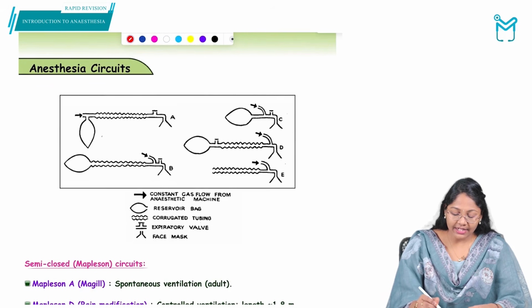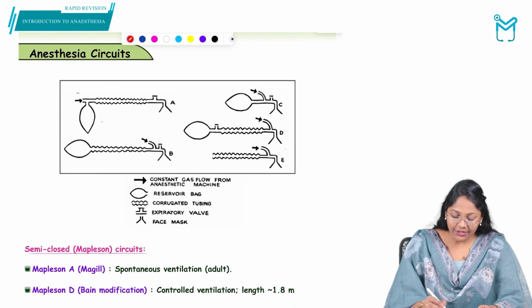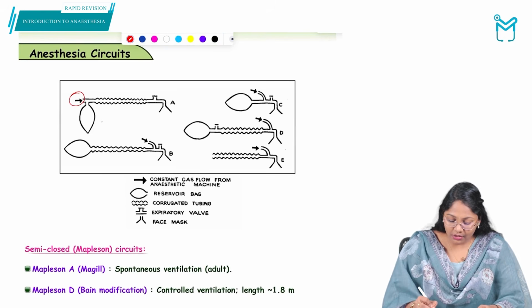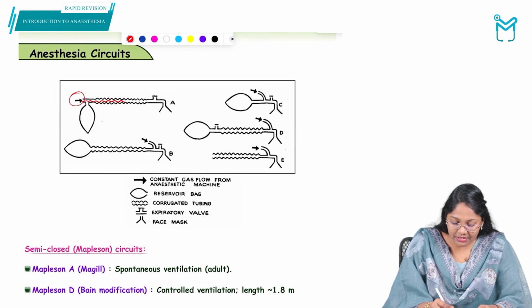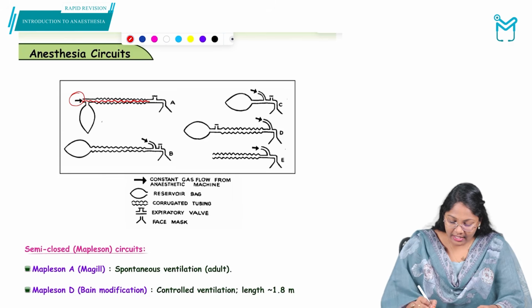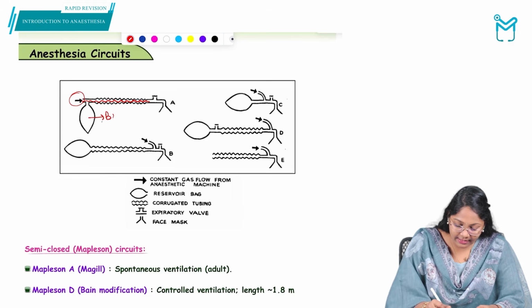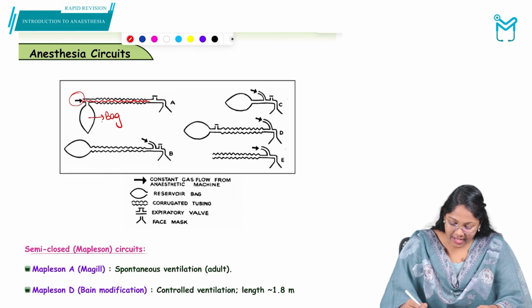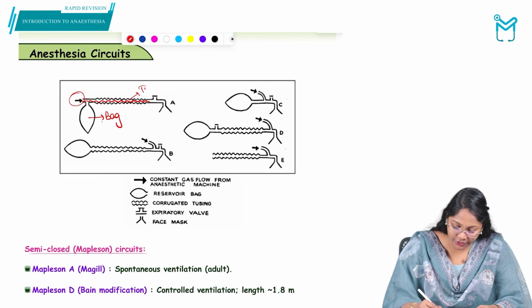Now coming to the circuits, here you can see there is a constant gas flow which will start entering the machine, and this is the bag which we have, as well as this is the tubing which we have, and this is the face mask where the patient is going to lie down, and this is the expiratory valve.